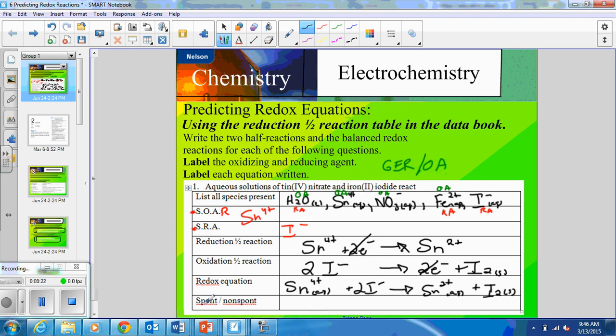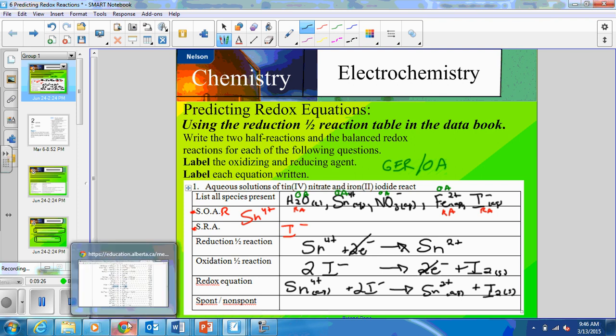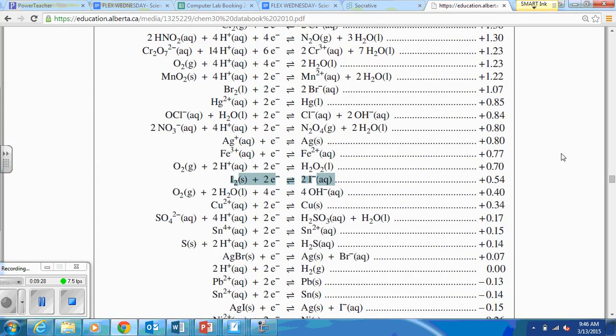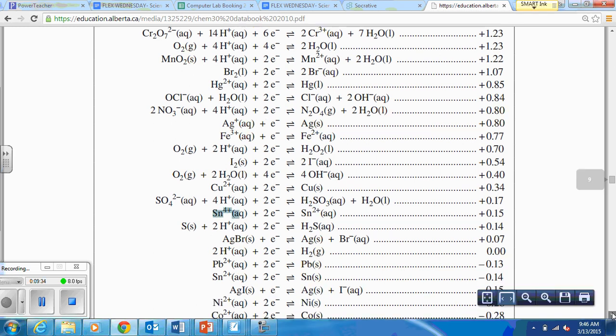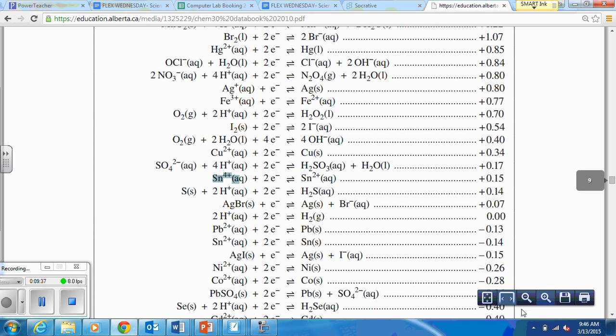Is it spontaneous or is it non-spontaneous? So take a look, go to your data book, find your SOA, which is tin 4, and find your RA, which is I-. Tin 4, the OA is below the RA.